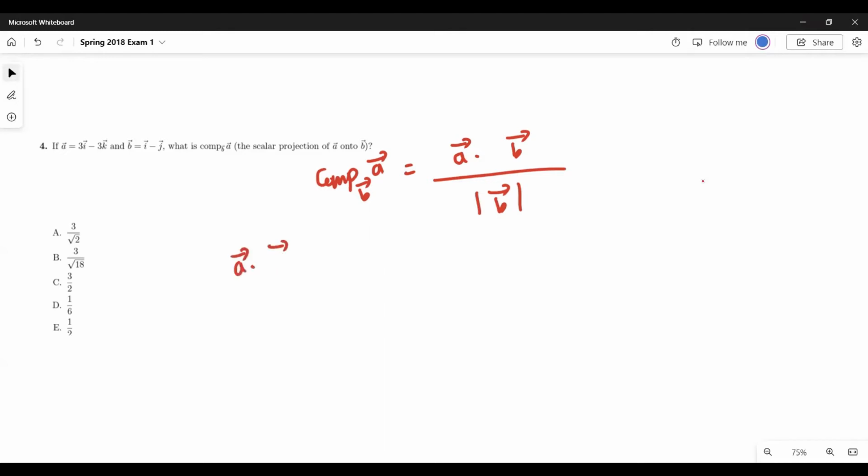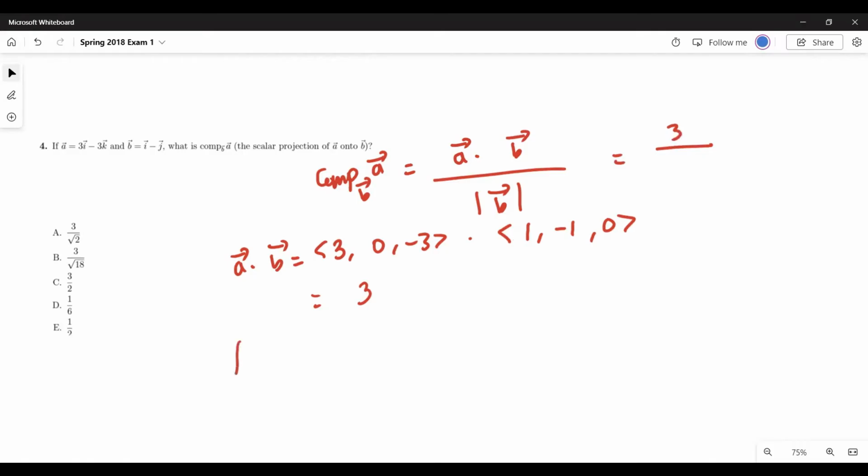A dot B is equal to 3, 0, negative 3, times 1, negative 1, 0. 3 times 1 is 3, 0 times negative 1 is 0, and negative 3 times 0 is 0. So it's just 3.